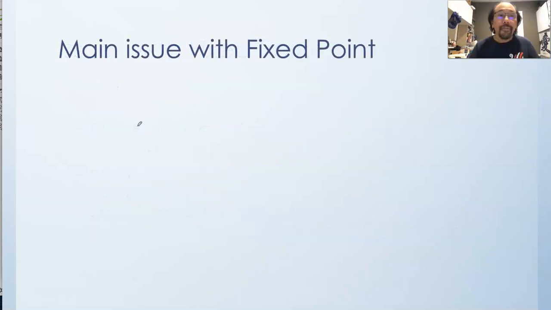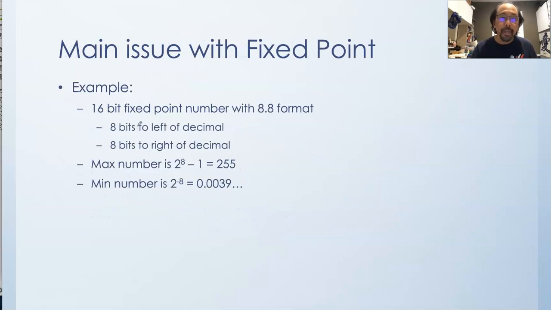The main issue with fixed point, though, I would say is this. If I have a 16-bit fixed point value and I arbitrarily put the decimal point right in the middle, I have 8 bits to the left of the decimal point and 8 bits to the right. With 8 bits to the left, I could represent up to 2 to the 8th, so numbers from 0 all the way up to 255.